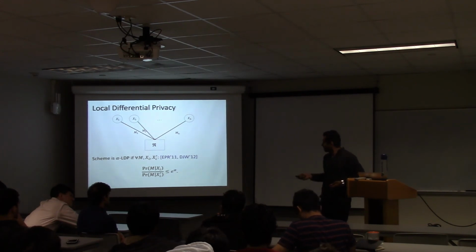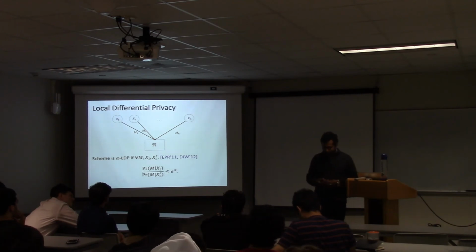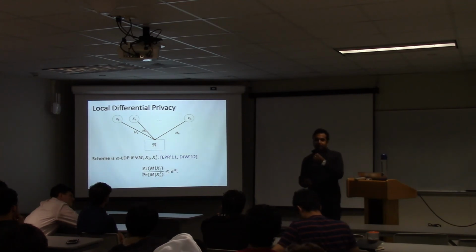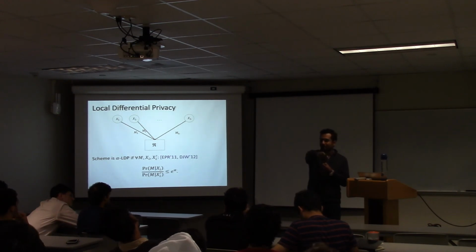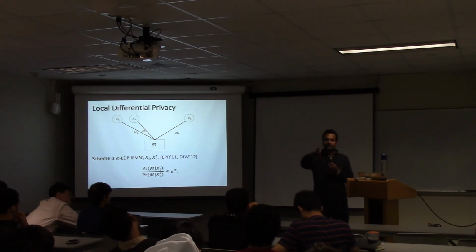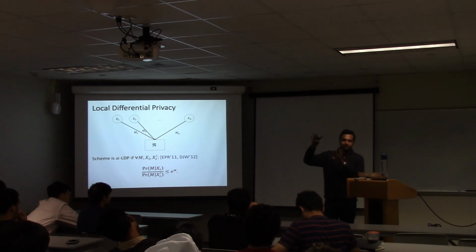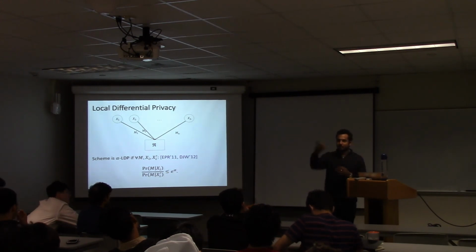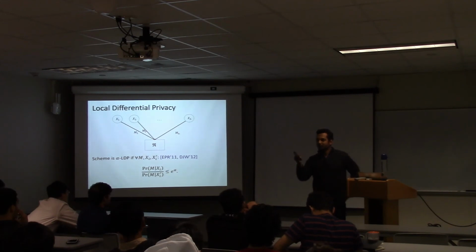That is characterized in this equation that says that if I see some message M, the probability that M could have been generated from a symbol xi or xi prime, they are not too different.